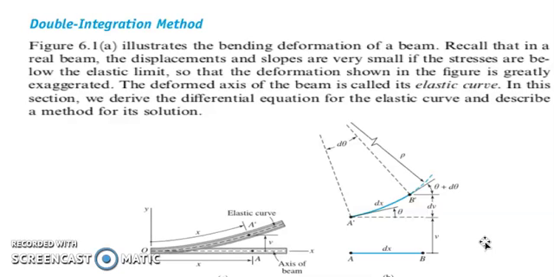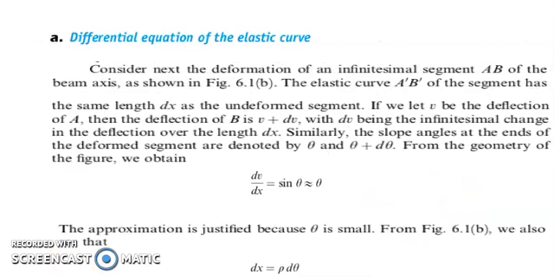Similarly, the slope angle at the ends of the deformed segment are denoted by theta and theta plus d theta. From the geometry of the figure, dv over dx is equal to sine theta, or approximately theta, and the approximation is justified because theta is small.